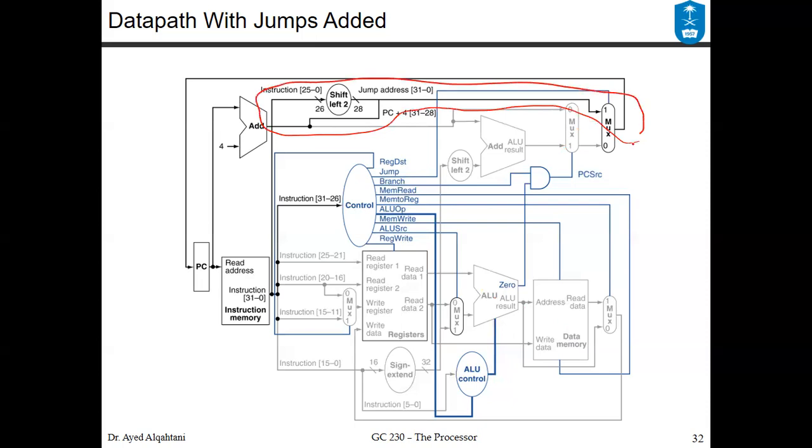In the jump, we needed some hardware. And some instructions change the hardware completely. So some instructions have a low cost to add to the data path, and sometimes they have a very costly tax, let me say.